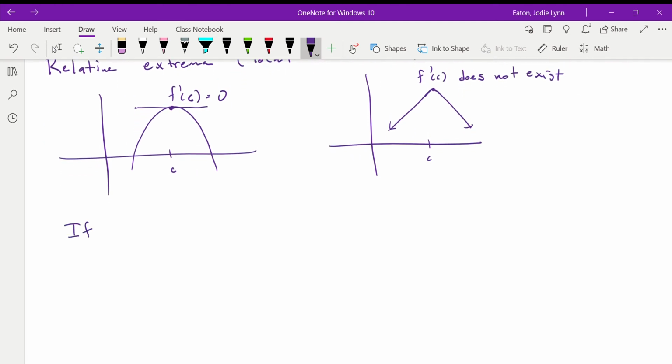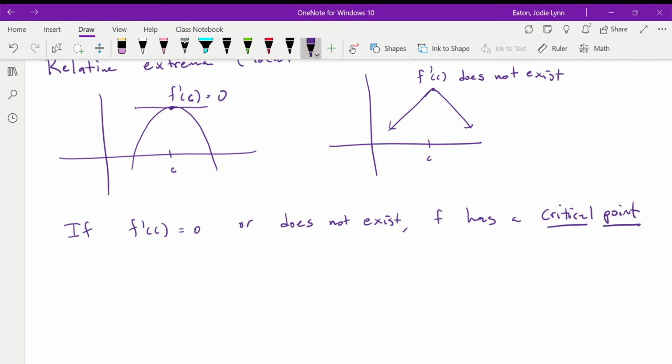And so if f prime at c equals 0 or does not exist, then f has what we call a critical point at x equals c.